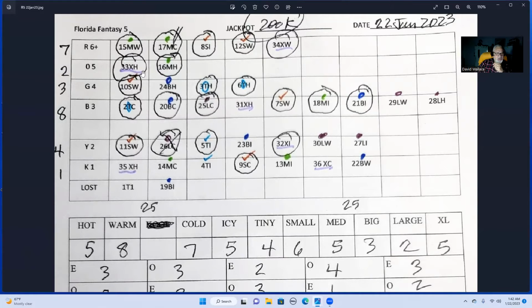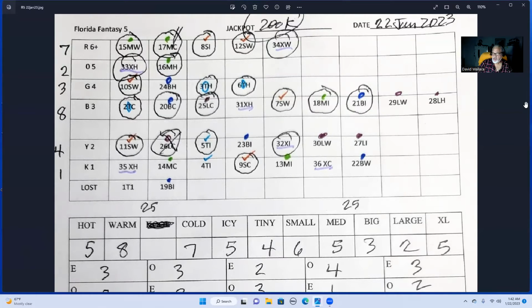Both of these numbers, 33 and 16, showed up at least once, okay? And then you've got 3 of these numbers right here, 8 of these numbers, 4 of these numbers, and 1 of these numbers.